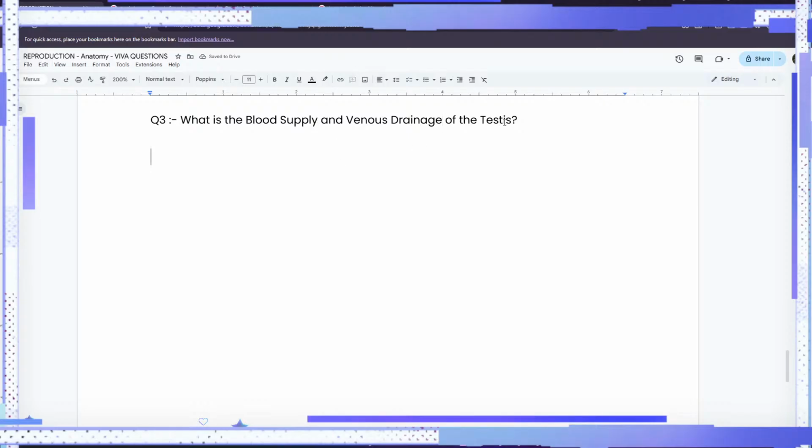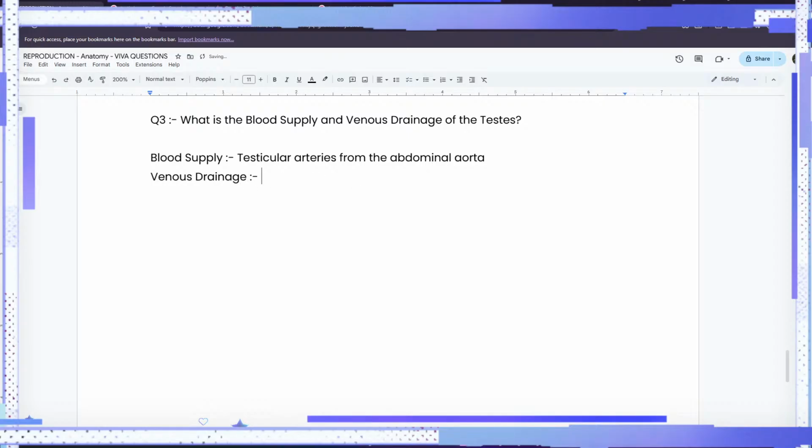The blood supply is the testicular arteries from the abdominal aorta, and then venous supply is quite the thing, right?